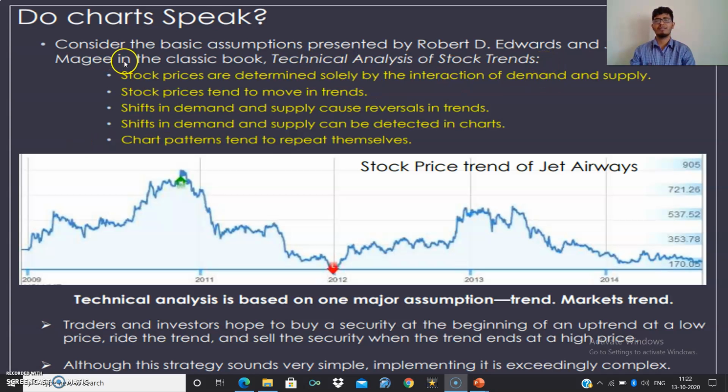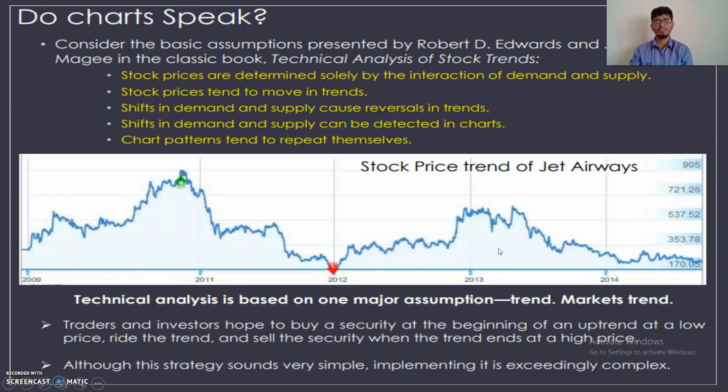There they mentioned these particular aspects. Technical analysis is based on major assumptions about market trends. On the basis of the market trend, we are going to analyze the particular economy, industry or company.